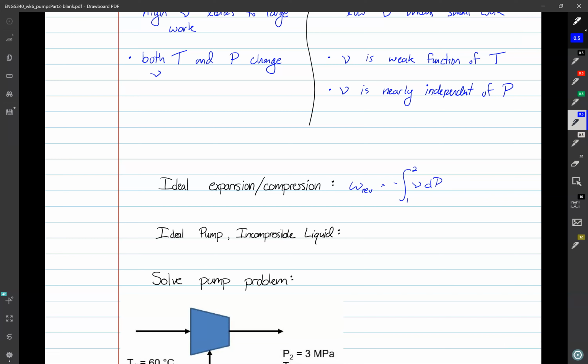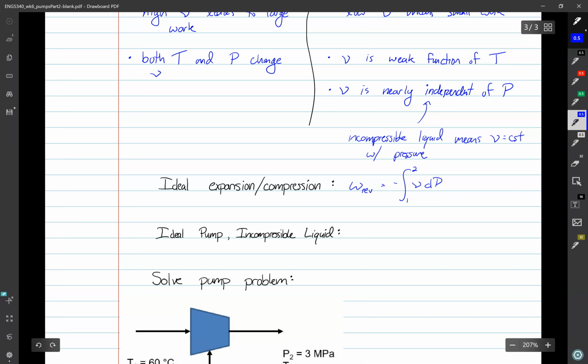If we have an incompressible liquid, incompressible means that the specific volume is constant with pressure.